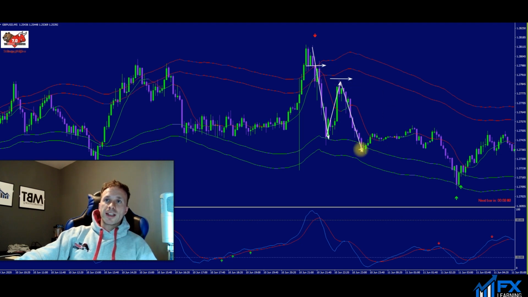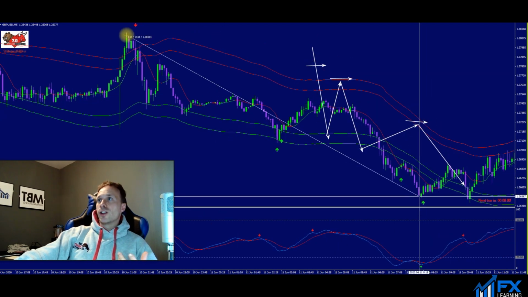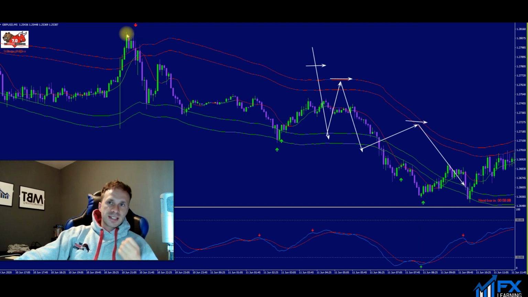Price pulls back again and then comes down. I then manually move my stop loss above here, and what I do is keep riding it and riding it, and you could get somewhere like a 160 pip move on this.